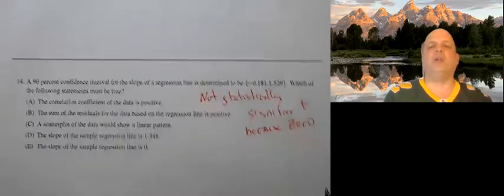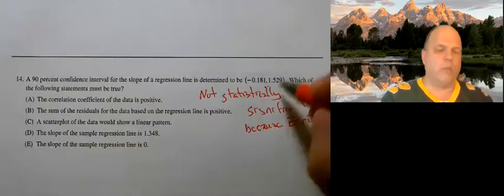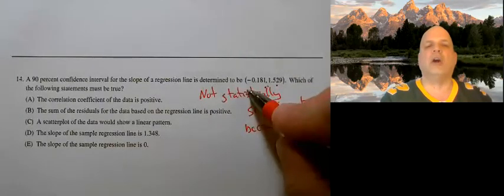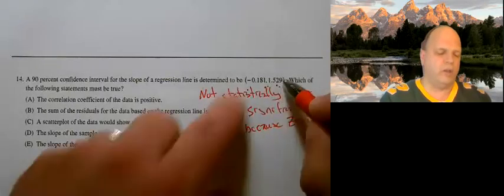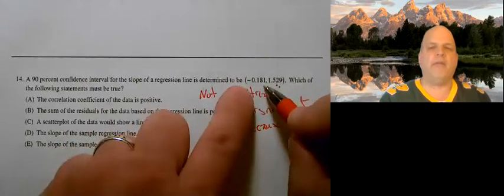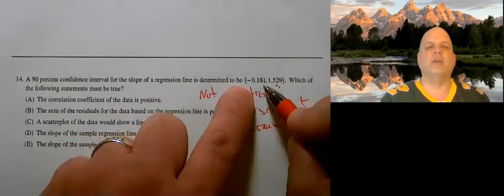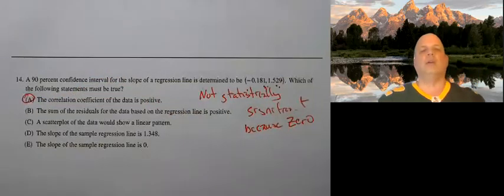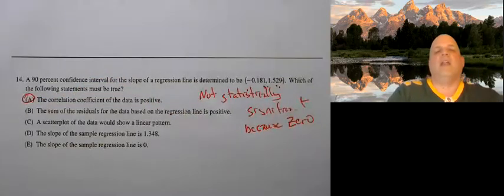However, something else we notice is there are more positives than there are negatives. We have more positive values than we have negative values. So consequently, the correlation coefficient of the data is positive, all right?